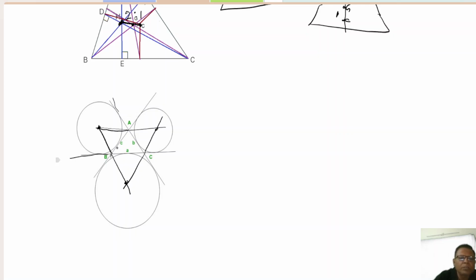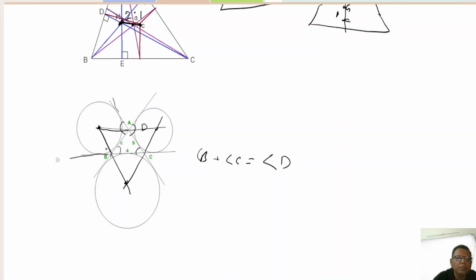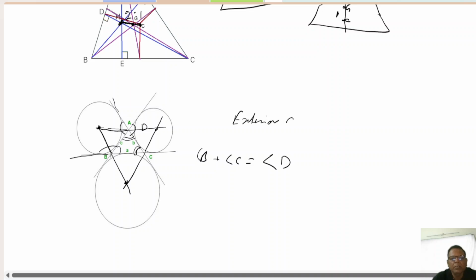And one more thing: if you add this angle and this angle, then it will make angle B plus angle C is equal to this angle. Similarly here also, this angle will be equal to this angle plus this angle. This is called the exterior angle theorem.